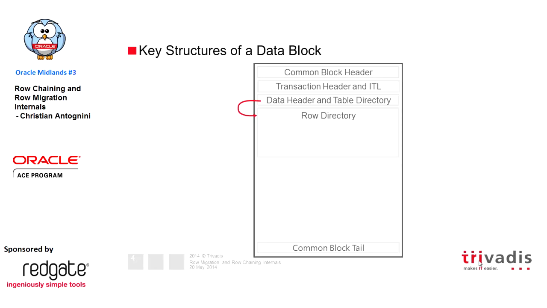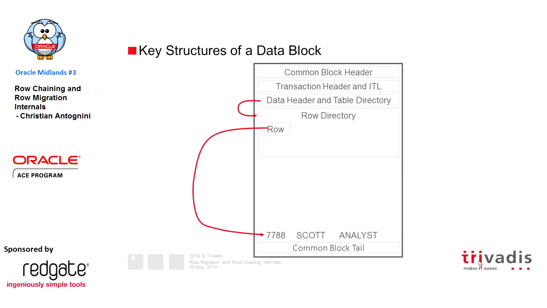Then you have the row directory, which has a reference in the table directory, because the table directory tells you, okay, at this offset I have my rows. Inside the row directory, for each row stored in the block, you have one pointer, and the pointer shows you where the data is stored.